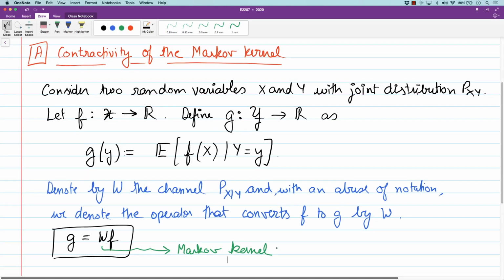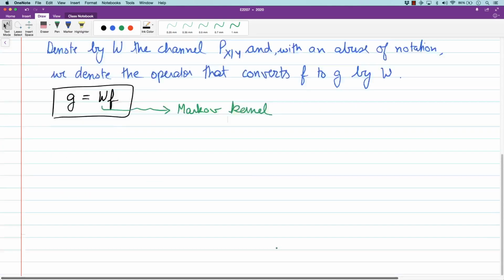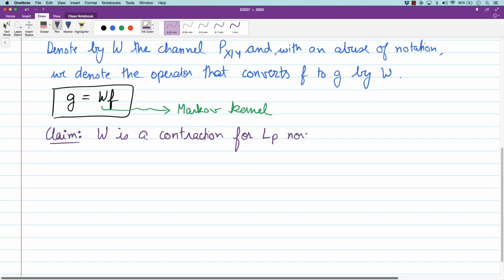To talk about contraction, we should first think of a basic norm for random variables. So that's the claim: W is a contraction for the L^p norm. So what's the L^p norm? Firstly, what is the claim? The claim is as follows.